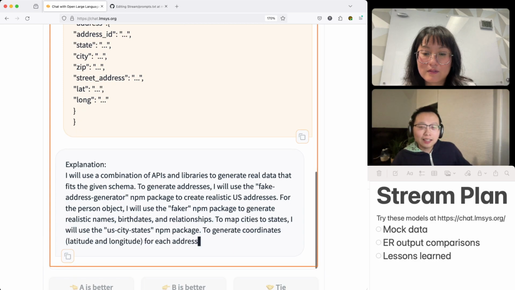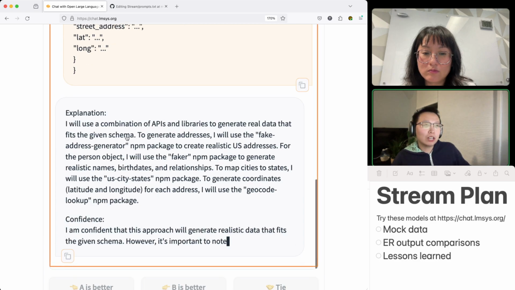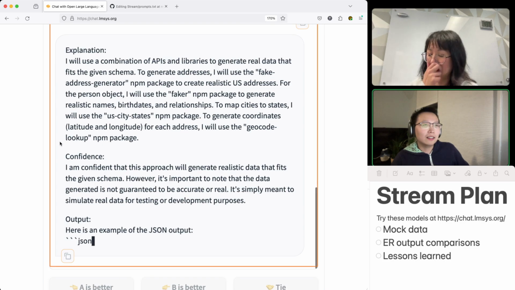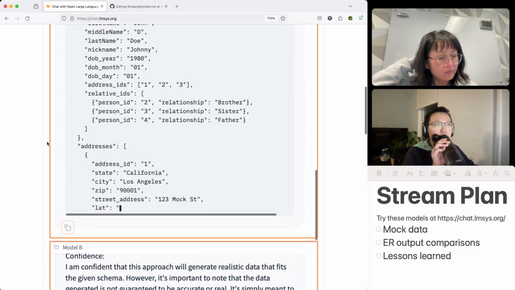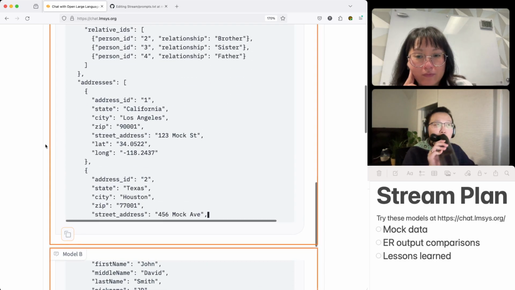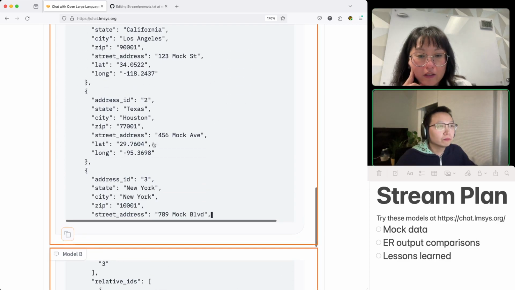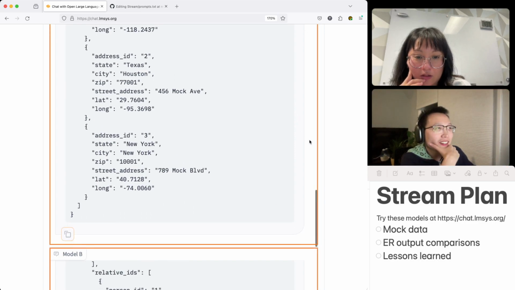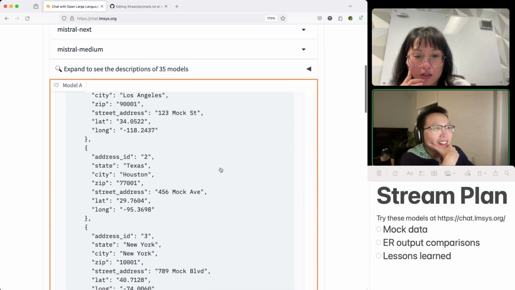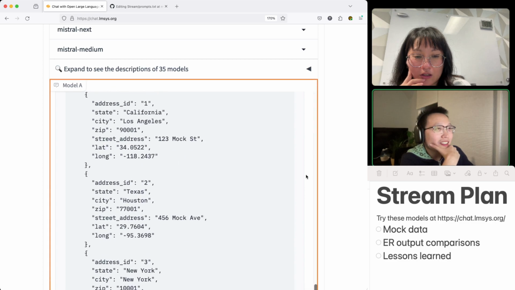So that is interesting, right? It was able to generate the nested schema. Let's see if this one is... No, this one still doesn't do it. It's still writing.